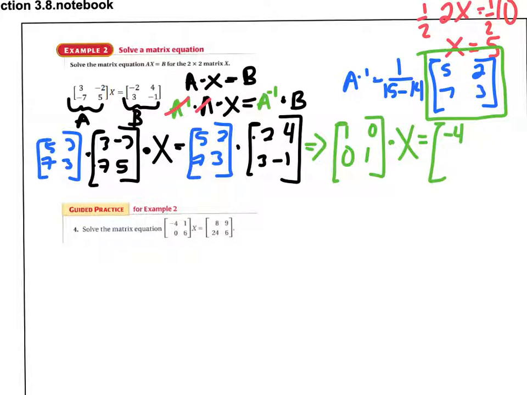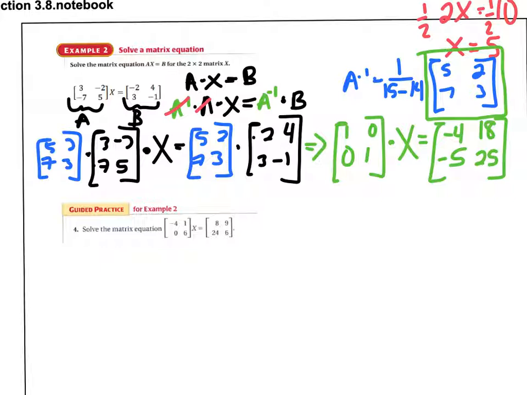And write that in first row, second element. Here I have 7 times -2, which is -14, plus 9, which is -5. And finally, 7 times 4 is 28, plus -3 is 25.